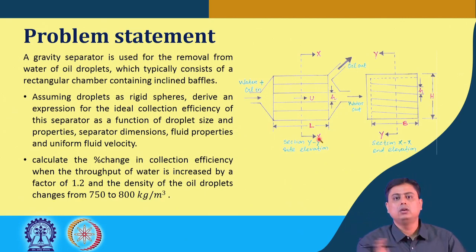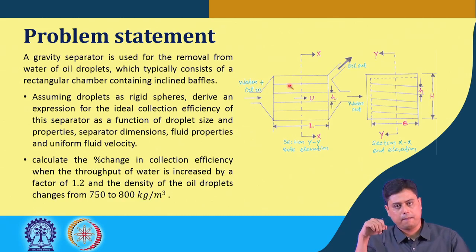It is flowing with the velocity of the water, and there is another time that it takes to come up with the terminal velocity and stick to the under surface of the baffles.